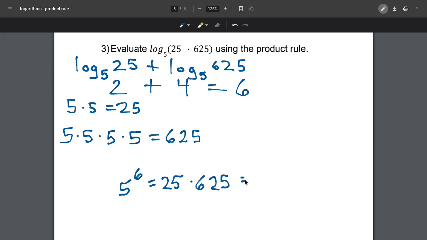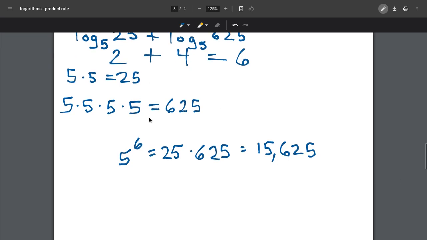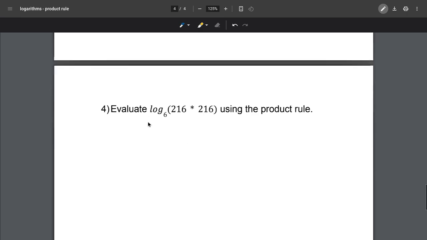So 25 times 625 is equal to 15,625. And if we multiply 6 5s together, so we do 5 times 5 times 5 times 5 times 5 times 5, we also get 15,625. Okay? All right, one more problem here.